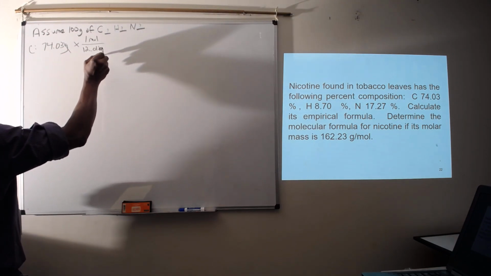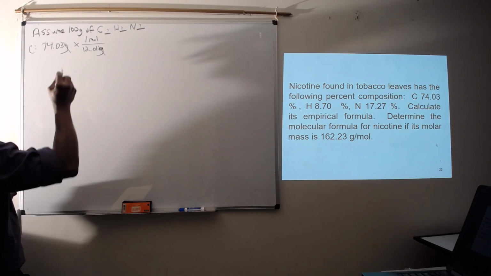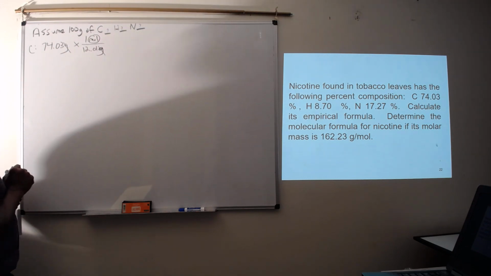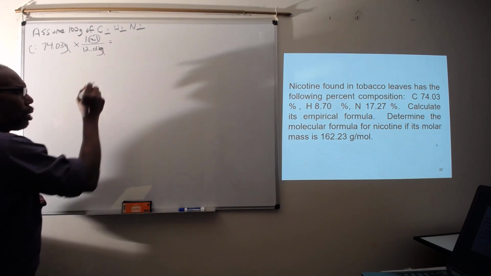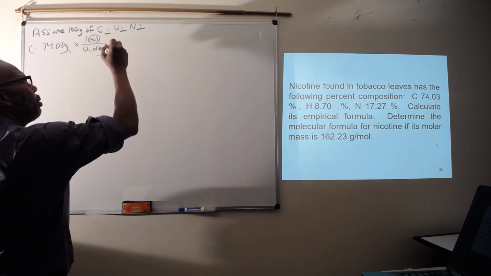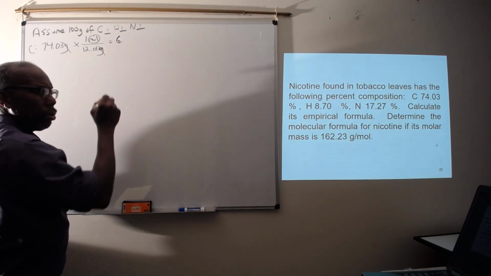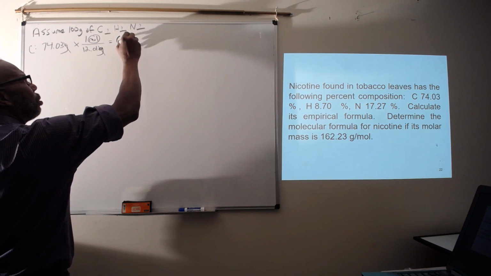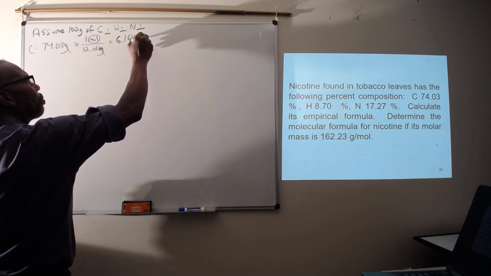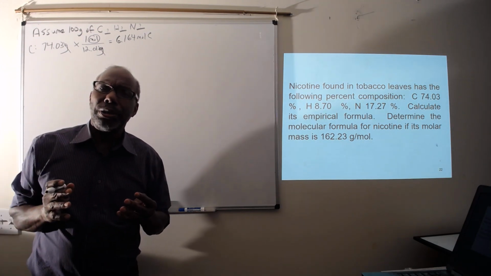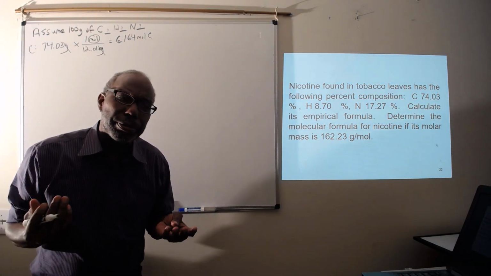Using dimensional analysis, the grams cancel out, so we now have moles of carbon. According to my calculation, that yields 6.164 moles of carbon. We do likewise for hydrogen and nitrogen.